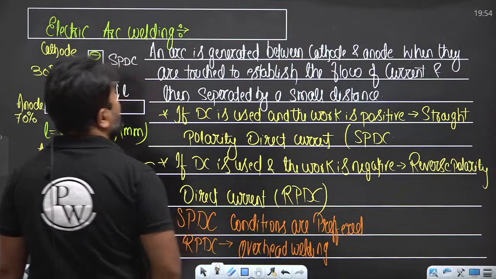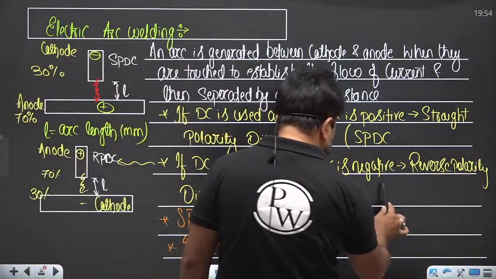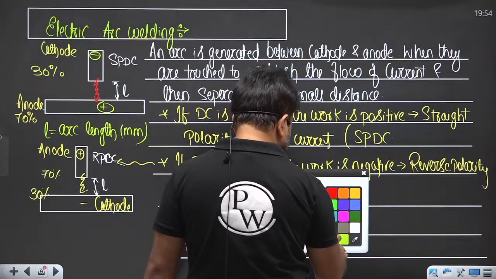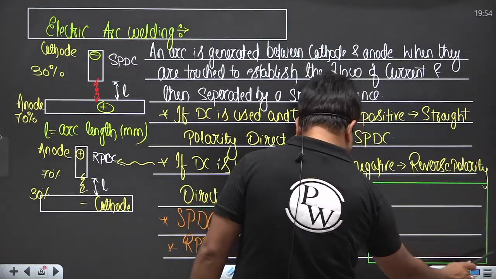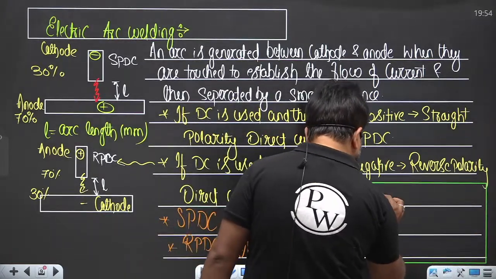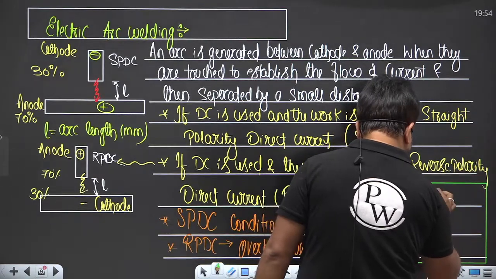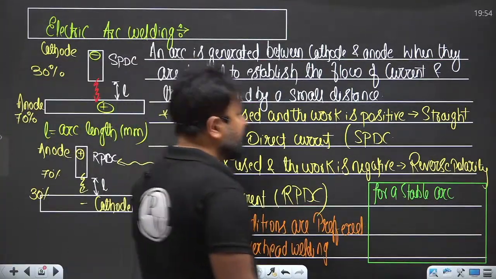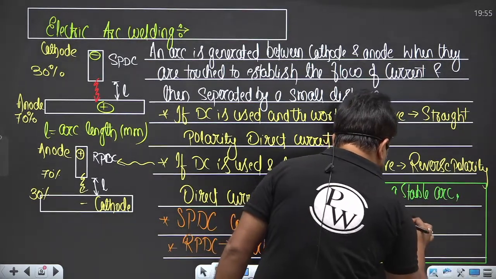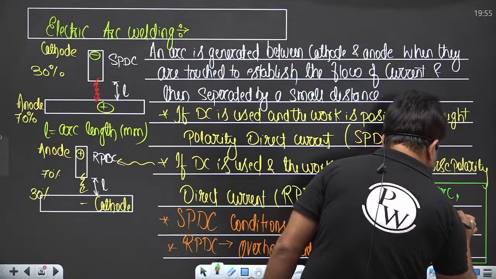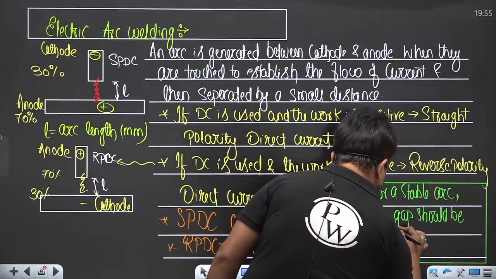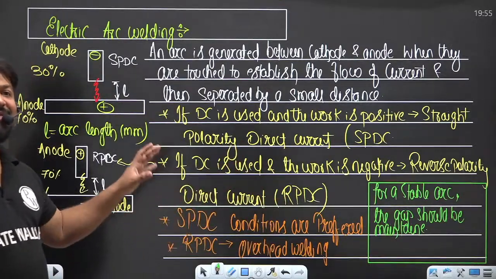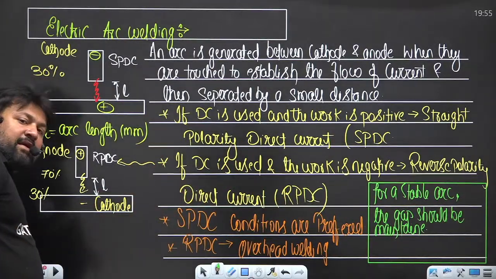Let me write it down here: for a stable arc, the gap should be maintained. Is that clear? This is an important thing, so please remember this point. The gap should be maintained during the welding.